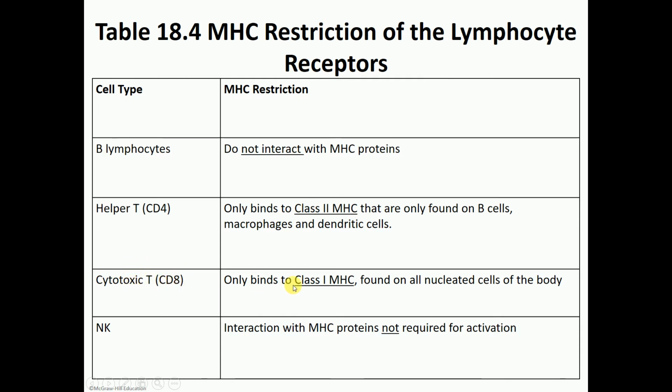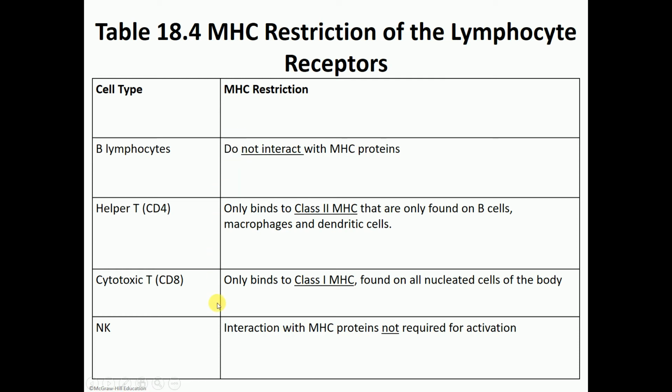These can only bind to class 1 MHC. And remember, class 1 MHC is found on any cell with the exception of RBCs. Natural killer cells do not need to interact with MHCs in order to become activated.